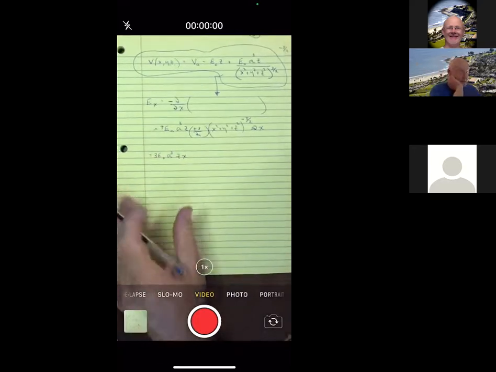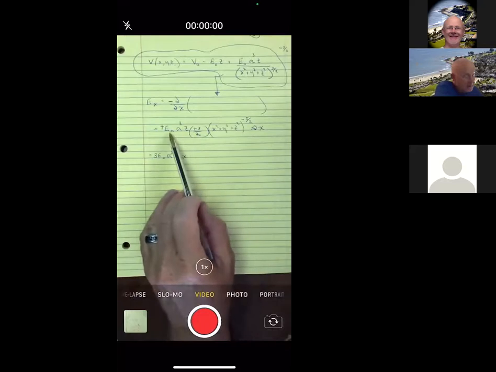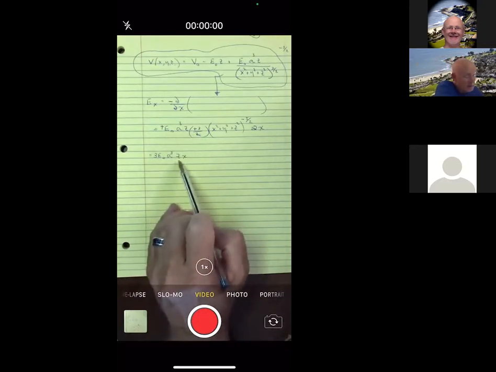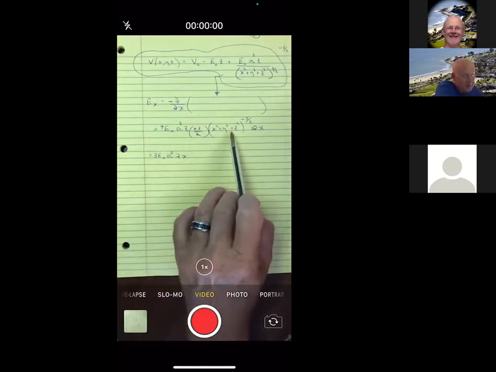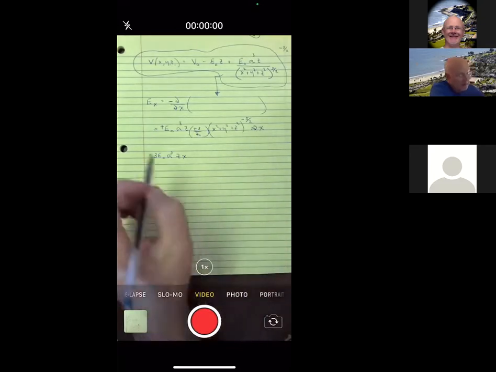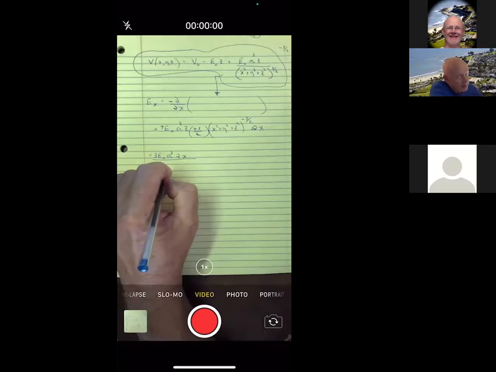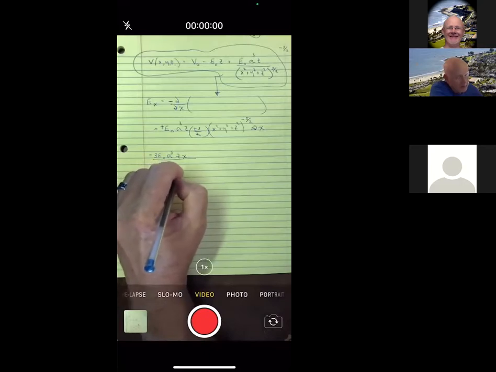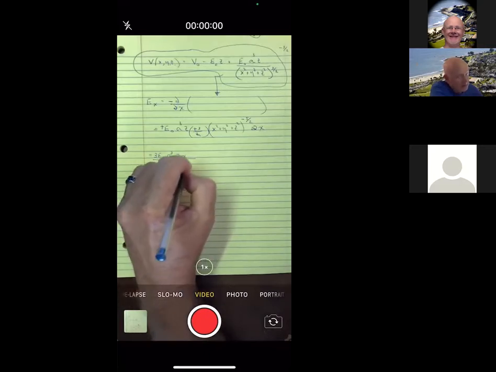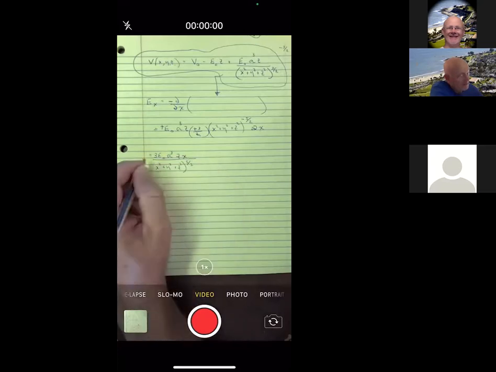I think that's everything: E naught and Z. Okay, there's the 3. I'll put that in the bottom. And then there's the X, and so this is over X squared plus Y squared plus Z squared to the 5/2 power.